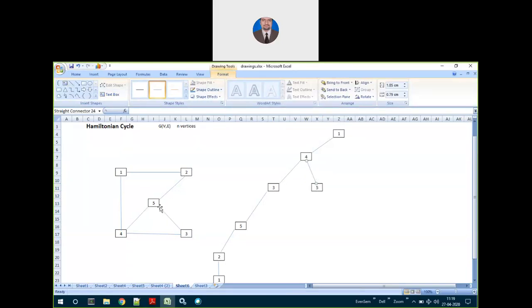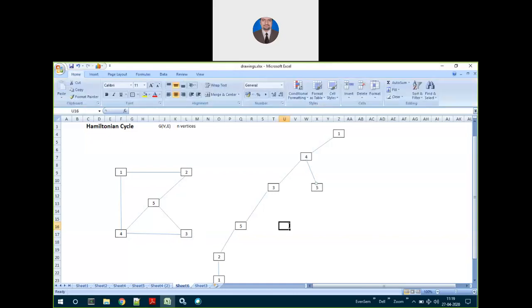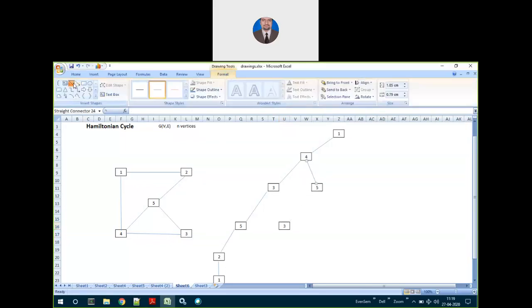I can go to 3 or I can go to 2. So now this time let me choose 3. So from 5 I can go to 3 here. Let me connect the edge between 5 and 3. So 5 and 3 are connected now.